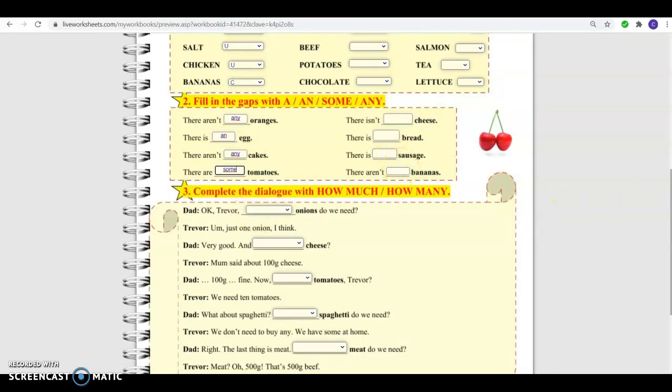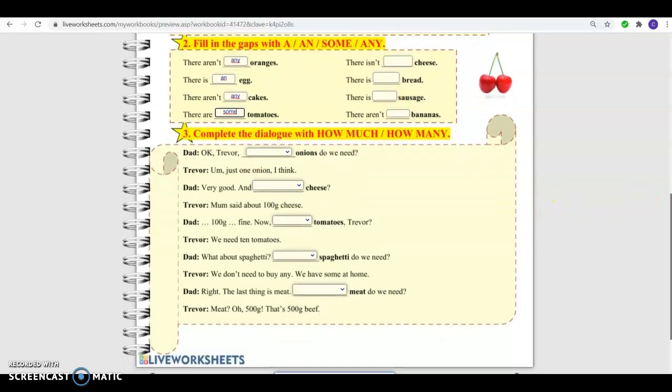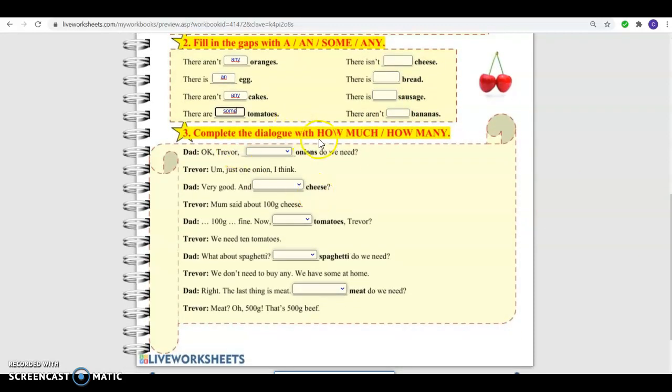Okay. Activity number 3, we have complete dialogue with how much, how many. How much significa cuánto para todos los que son uncountable. Y how many, cuántos para todos los que son countable. Entonces, how much uncountable, how many countable.